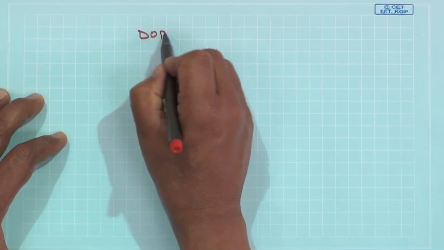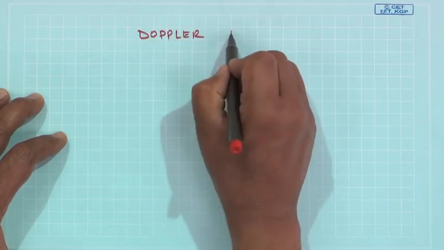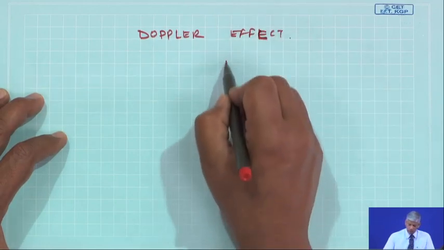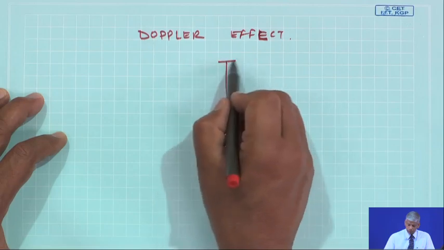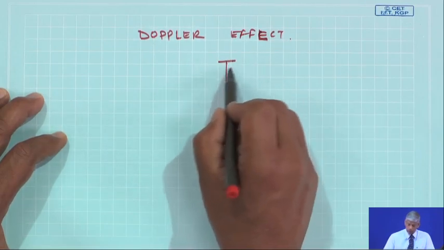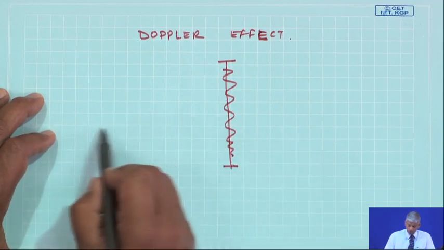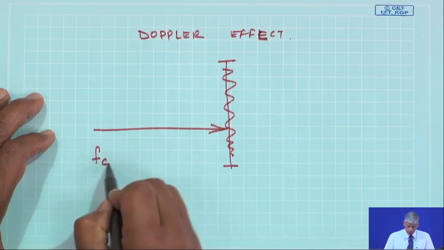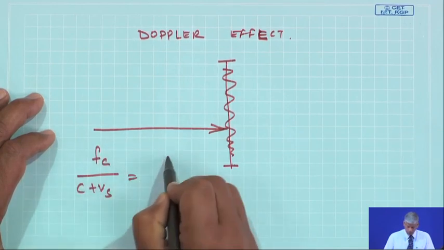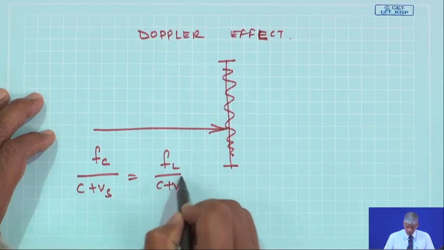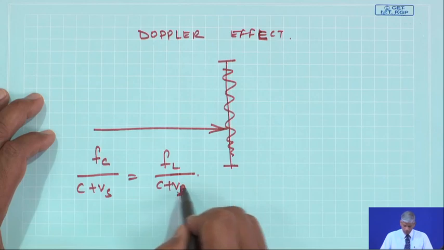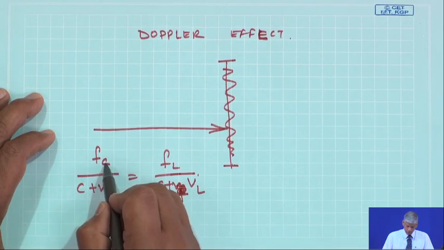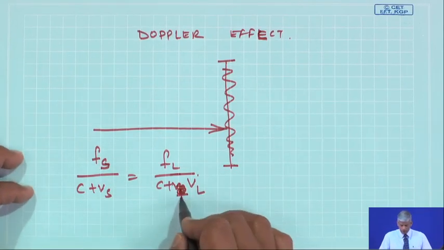You all know what the Doppler effect is. That means, if I have a structure which is vibrating, and I shoot a laser beam at it, then Fs by C plus Vs is Fl by C plus Vl.